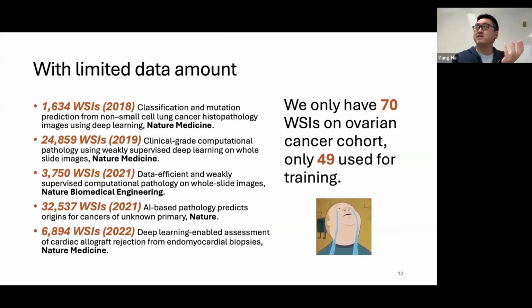If we separate the training and test sets, we have less than 50 of them for training. That's a very common issue we usually face, especially when we don't have enough resources to collect such a big cohort, right?